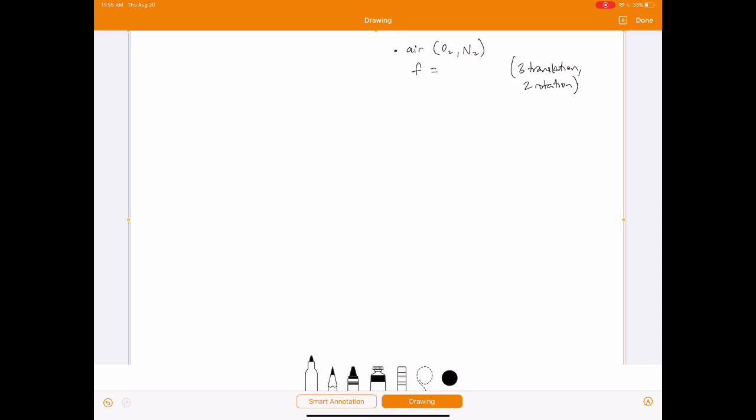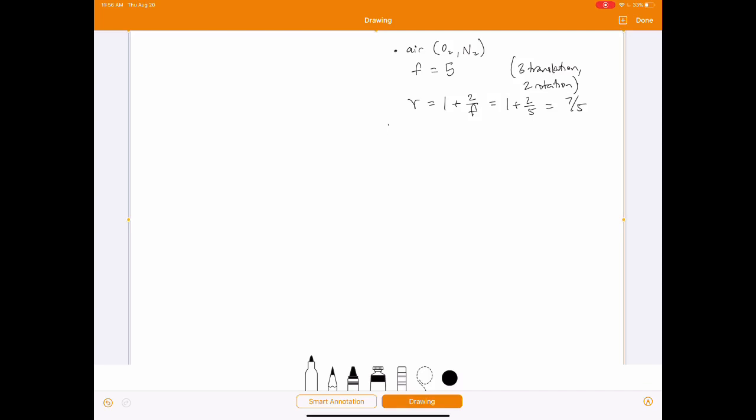Again, those are only going to be active if the temperature is crazy high, so typically it's going to be frozen out. So we have a total of 5. And so for gamma, which is 1 plus 2 over f, we have 1 plus 2 over 5, which is 7 over 5.